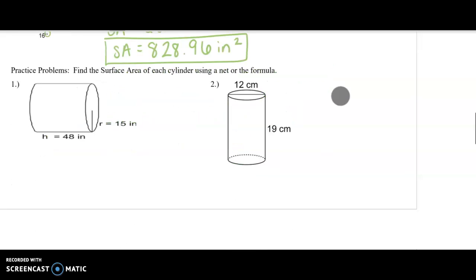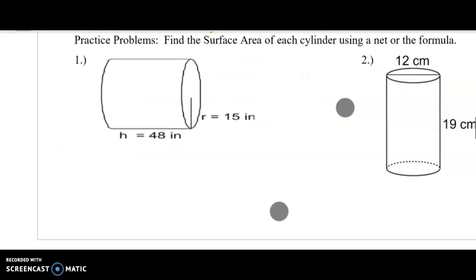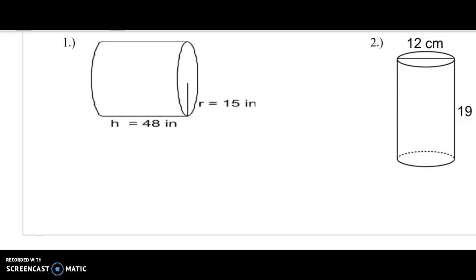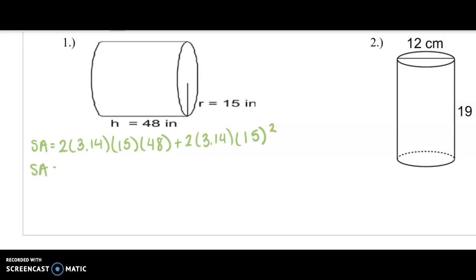Okay? All right, two more problems that we're going to do together. So, number one, formula again. So, surface area is equal to 2 times 3.14 times my radius times my height plus 2 times 3.14 times my radius squared. These are going to be some big numbers. So, that first one, 2 times 3.14 times 15 times 48. It's going to be 4,521.6.